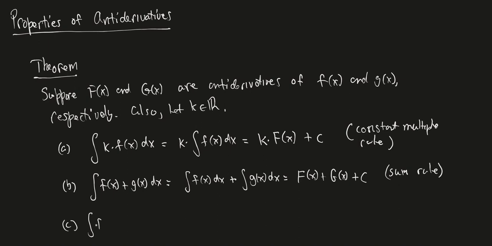The antiderivative of f of x minus g of x with respect to x, mentally, we can think of as the antiderivative of f of x with respect to x minus the antiderivative of g of x with respect to x. Then, using what we know about the relationship between little f and big F and little g and big G, we can write it down as big F of x minus big G of x plus c.